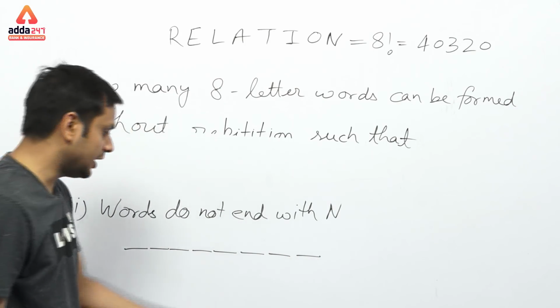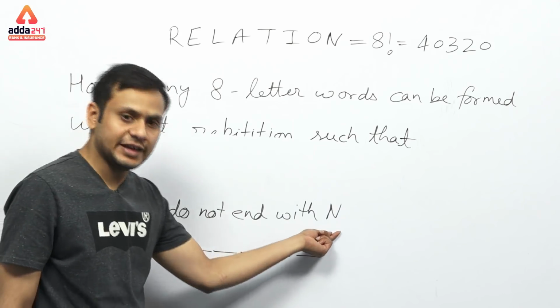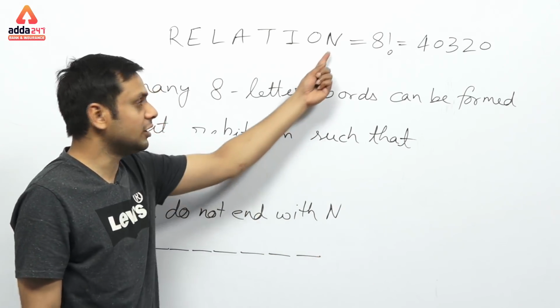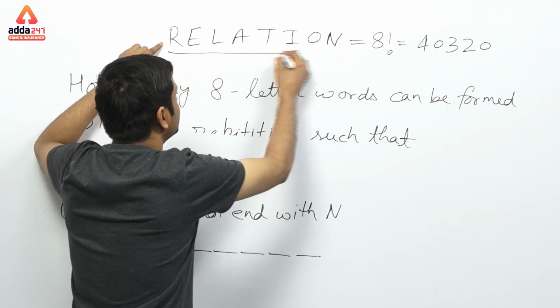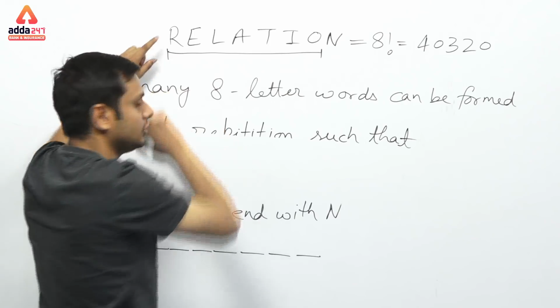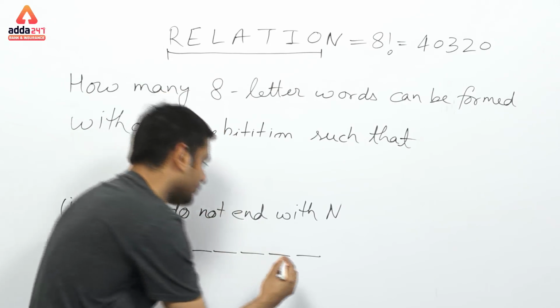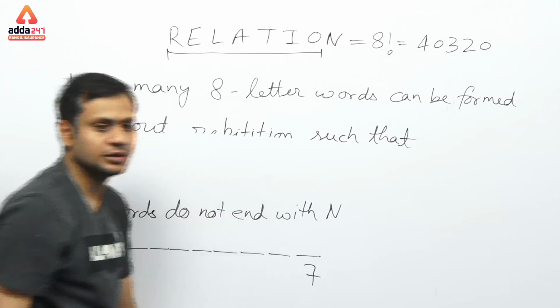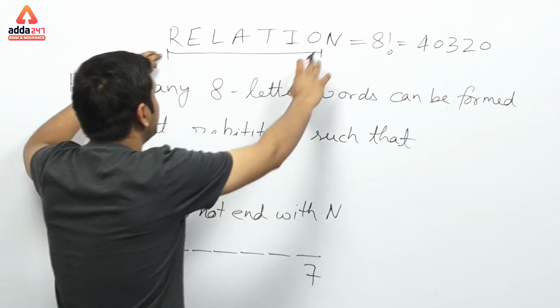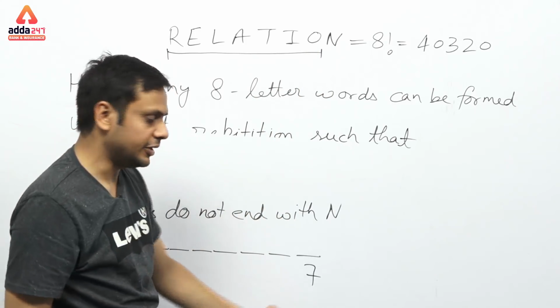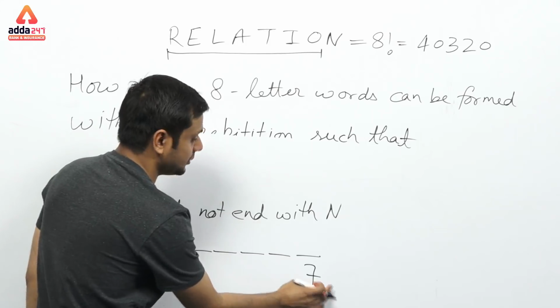At the last place we cannot write N, so any of the other 7 letters can appear at the last place. So in how many ways can the last place be filled?